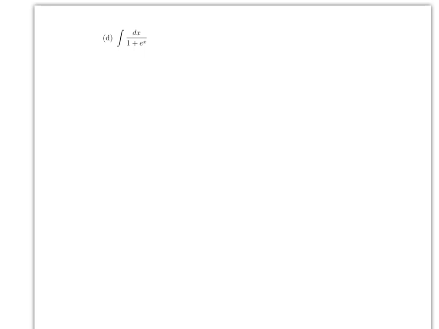All right, for this problem, for part D, we're going to use the substitution u equals e to the x. You can also use u equals 1 plus e to the x, and you should end up with the same answer. So if u is equal to e to the x, that means that du is e to the x dx.